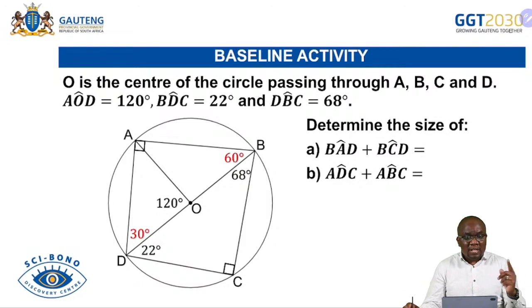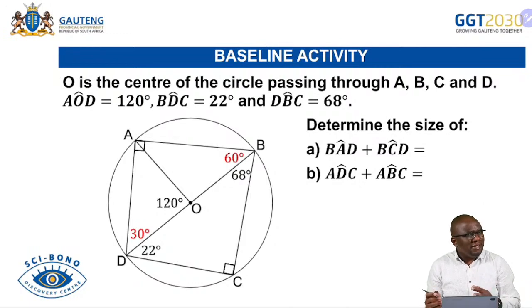You see that? Now we found that BAD is 90 degrees, and then BCD is 90 degrees. Look at ABCD. What can you say about those points? They are concyclic, meaning that ABCD is a cyclic quadrilateral. Now we need to understand this special property about a cyclic quadrilateral.